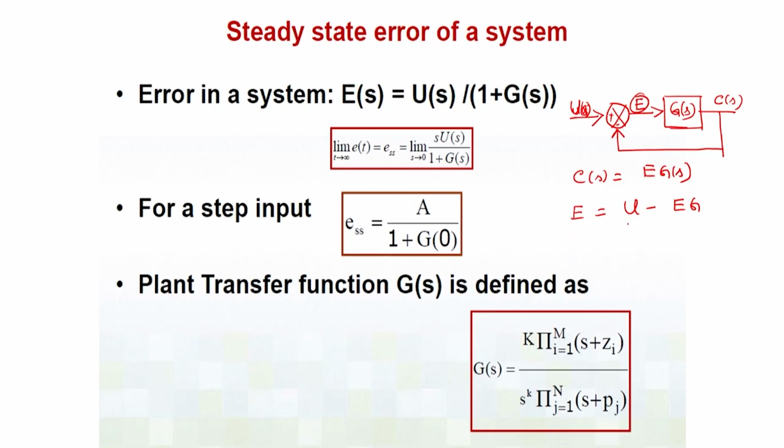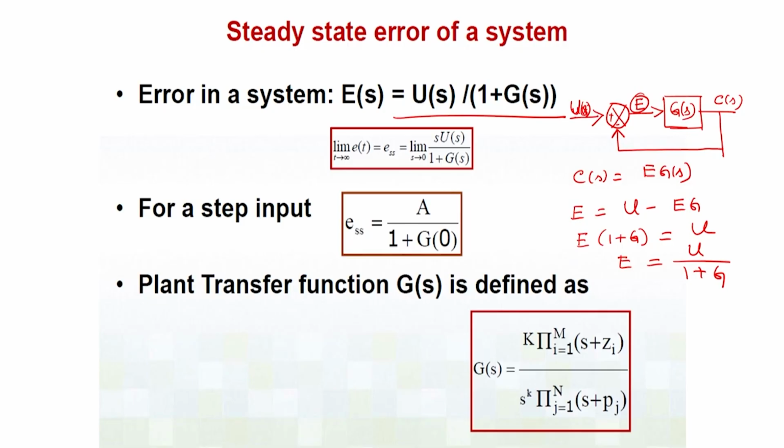So, I can actually write this as E G, so E into (1 plus G) equals U. So, E equals U over (1 plus G). That is what I have written here, that E(s) is U(s) over (1 plus G(s)).